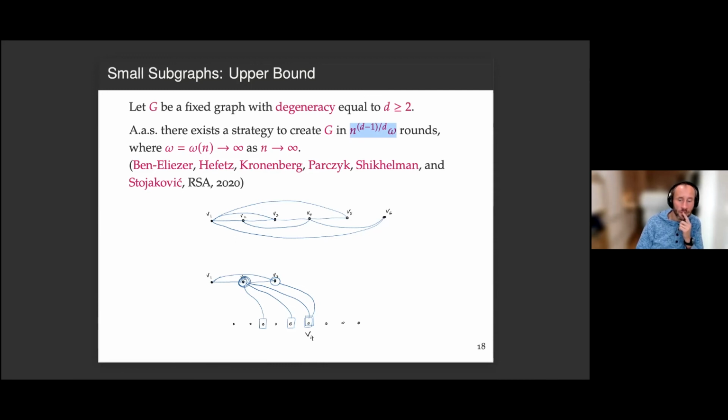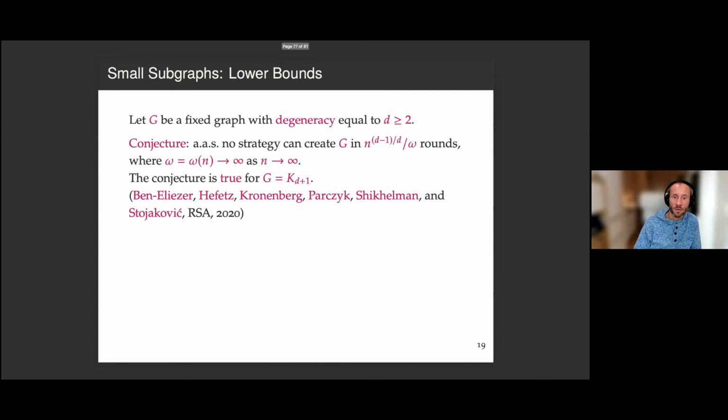And in this strategy, the analysis is the best possible, because if, instead of dividing by omega, I multiply by omega, then unfortunately I won't see any vertices with d squares, so I won't be able to achieve what I want to achieve. But of course, it doesn't mean that there's no other strategy.